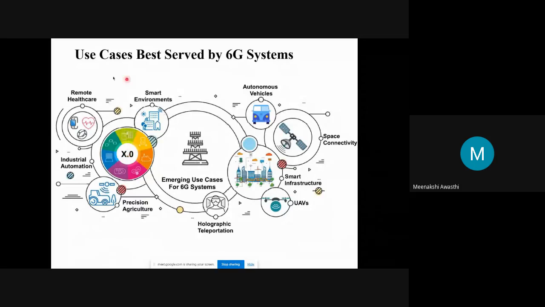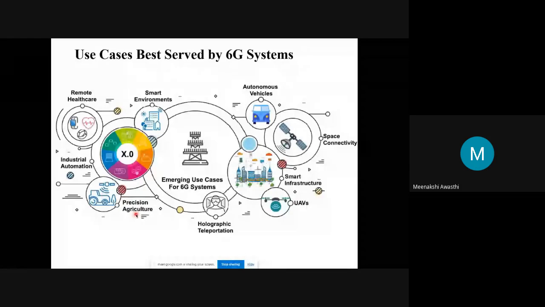If we talk about Industry 5.0, it is related with three areas. The first is smart environment, second is remote healthcare, next is precision agriculture. These are areas which are already in discussion and in research, and in a few areas a lot of research has already been done.